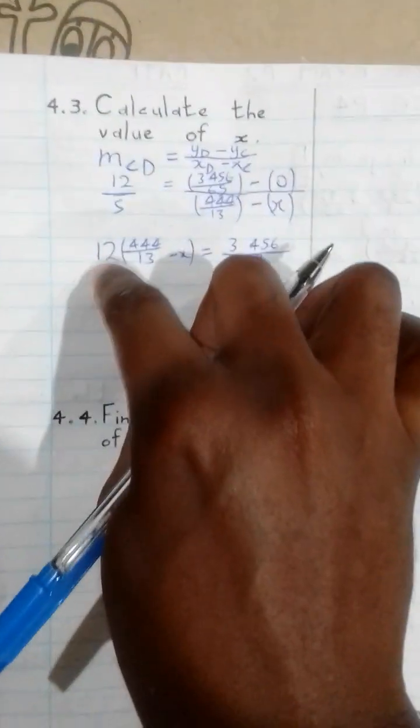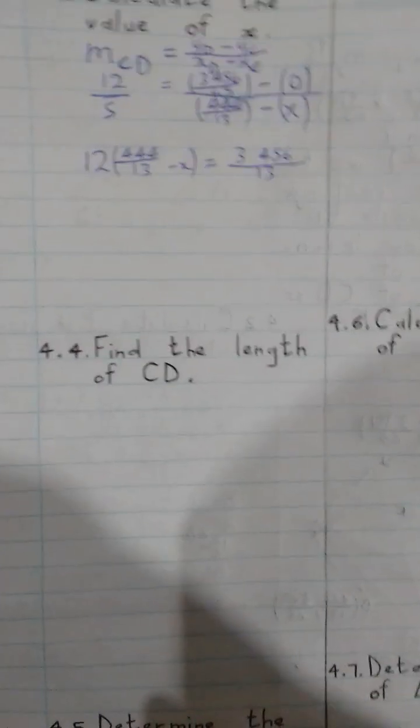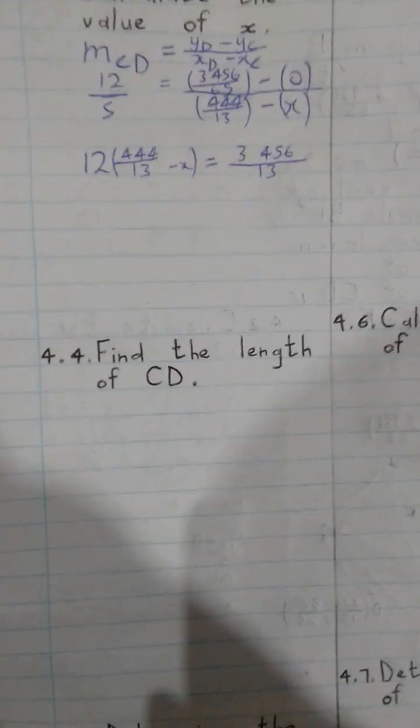To get rid of this 12, which is to simplify things, what are we going to do? We divide both sides by 12.